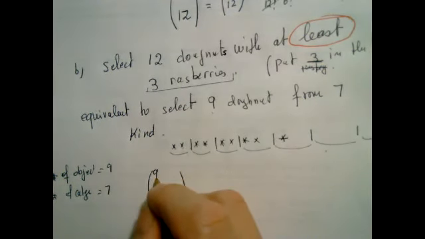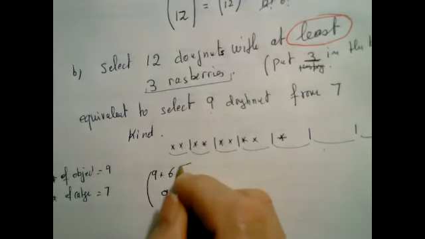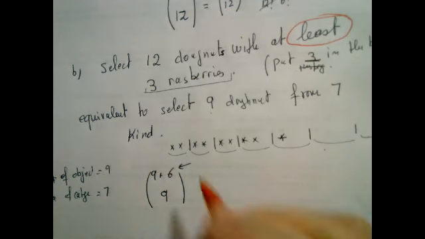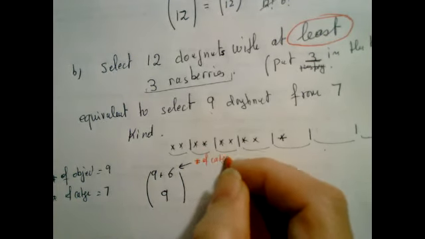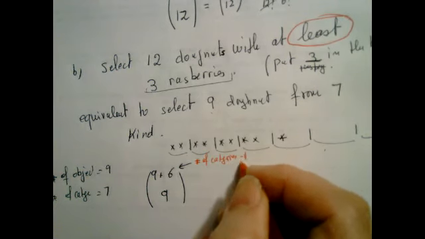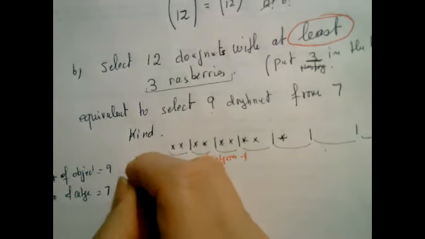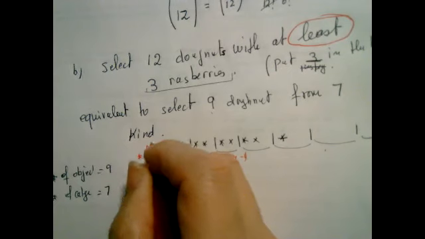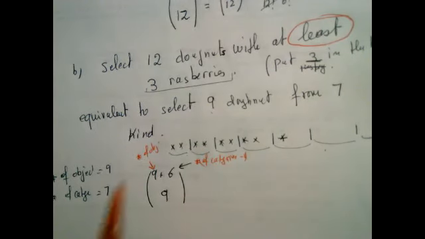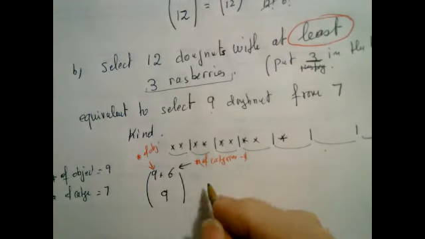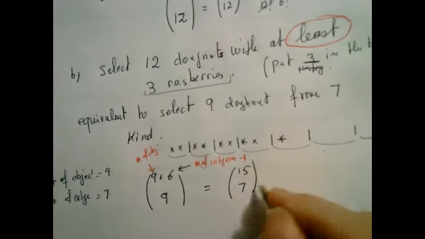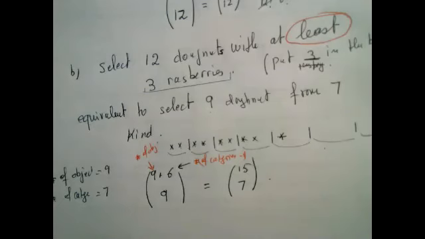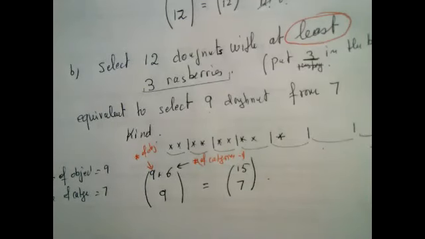The 6 is the number of categories minus 1, and the 9 is the number of objects. So that's how many ways we can do that. Okay?